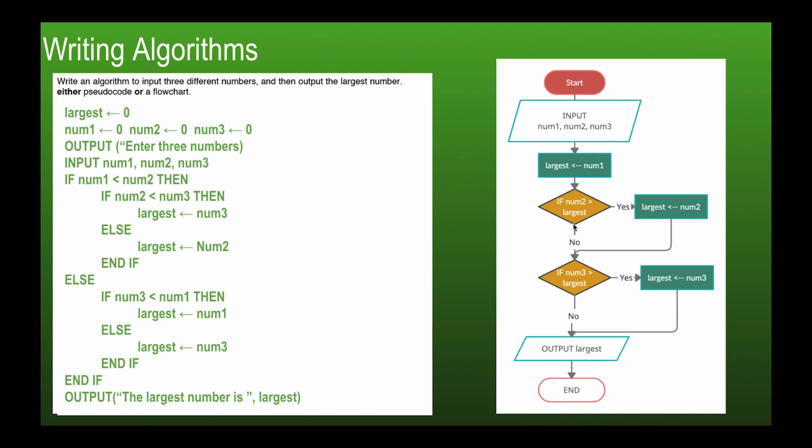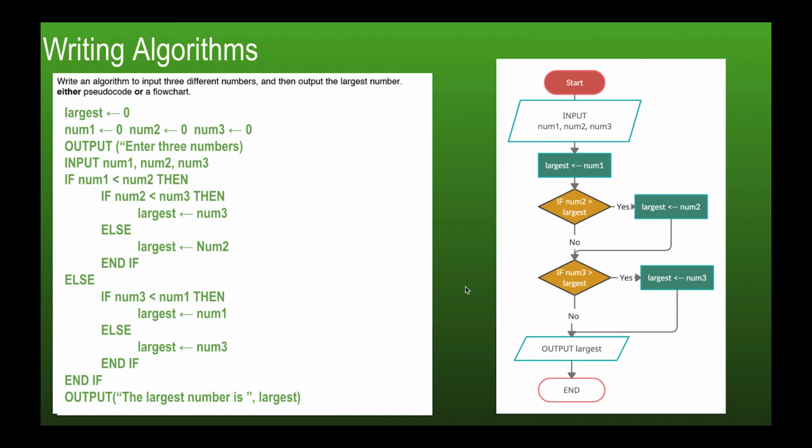It still holds the value from number 1, or it holds the new value of number 2, we're now going to test that against number 3. So if number 3 is greater than largest, same thing again. If it is, we would rewrite this into the variable, or we would go to no. But either way, we've now found the largest because we've gone through testing each number against a variable stored as largest. So both of these would be valid approaches.